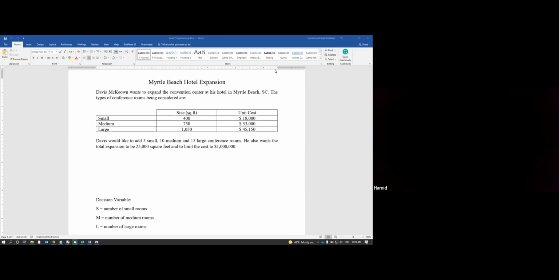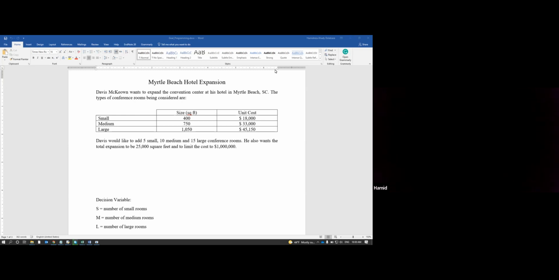The budget, I think, is $1,097,000, and the square footage would be a little more than that. So if you aim for the budget and area, you won't have those numbers of rooms. Also, if you want to keep those numbers of rooms, you will be over budget, and the area would be more than 25,000.